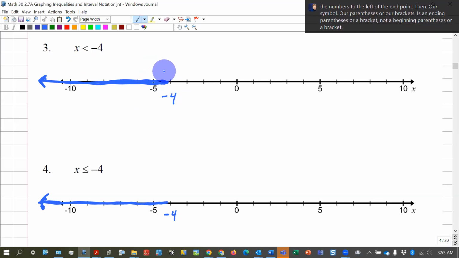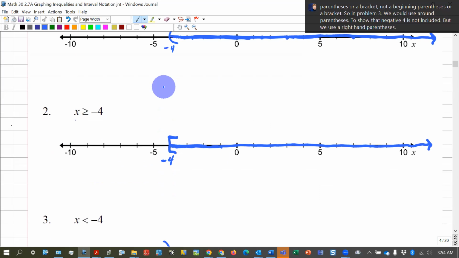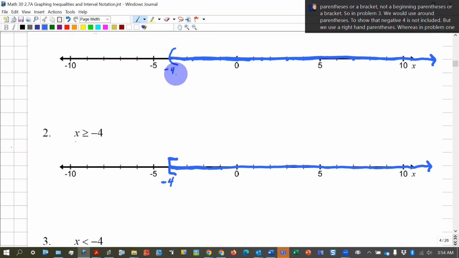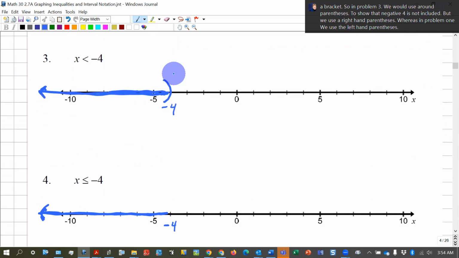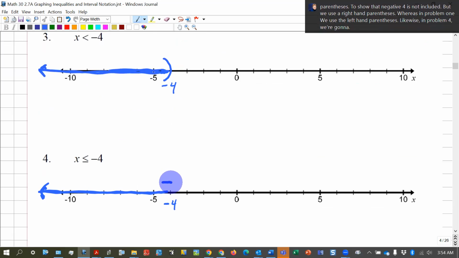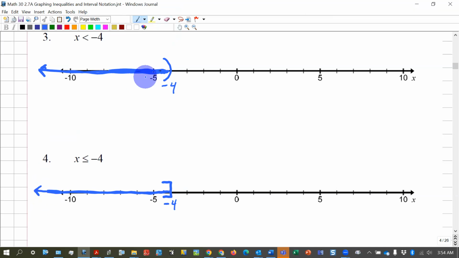So in problem 3, we would use a round parentheses to show that -4 is not included, but we use a right-hand parentheses, whereas in problem 1, we used a left-hand parentheses. Likewise, in problem 4, we're going to use a right-hand bracket. And also, sometimes if you're not careful, your arrowhead starts looking like a parentheses.